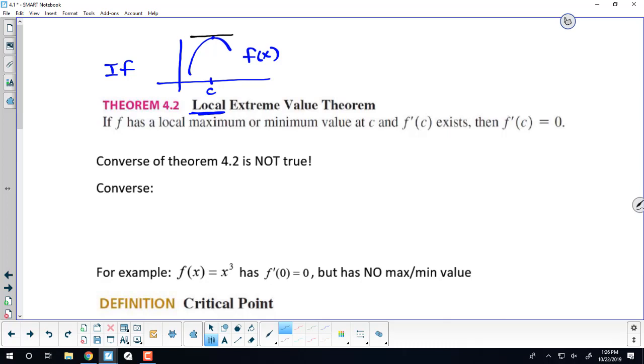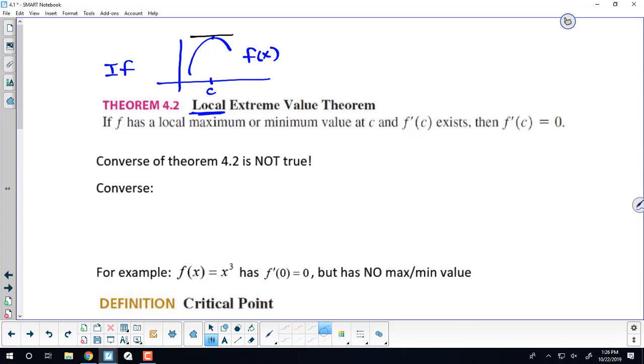But it's important to note that this theorem is not an if and only if statement. It's only meant to be read in the direction that it's presented. Meaning that if we know that the first derivative is 0, that does not always guarantee that we have a local maximum or local minimum. So the converse of this theorem isn't true.